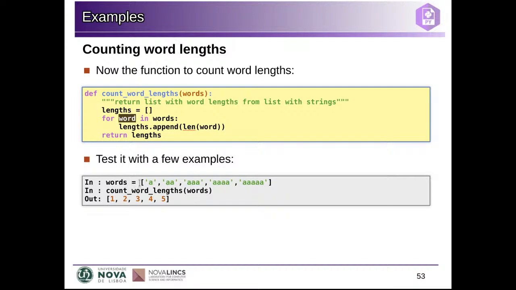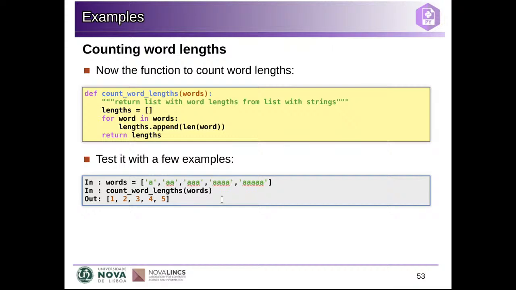So if the words we give this function are these, then the word variable will first point to this A, then to AA, and so on. And these have different lengths that are going to be appended to this list we created here. So now we have the length of all these words that we gave into the function.